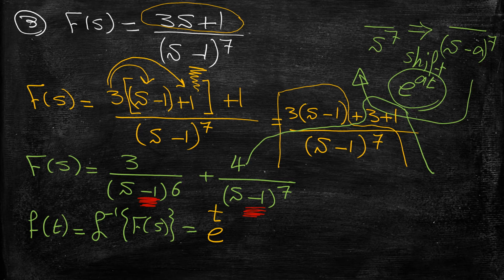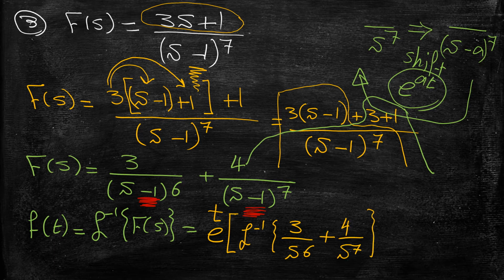And then you need to get the Laplace inverse of the remaining part, which is 3 over s to the power 6 plus 4 over s to the power 7, while e to the power t is the same.